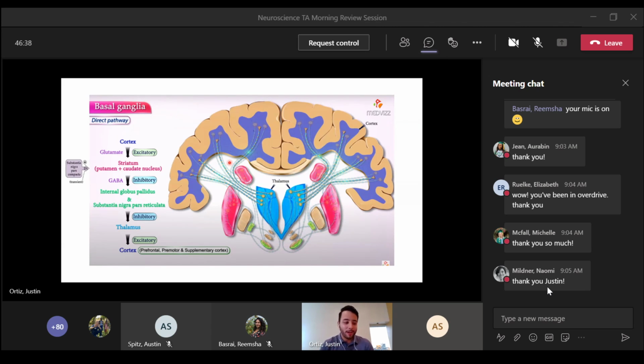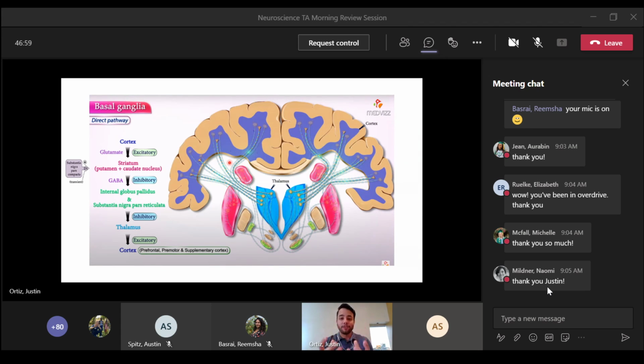So again, quick recap, because I know it's a lot of information. I want to make a movement. The cortex is going to send a signal to the striatum, which is glutamate, excitatory, to say we want to make a movement. We're also going to get information from the substantia nigra pars compacta, which produces dopamine.